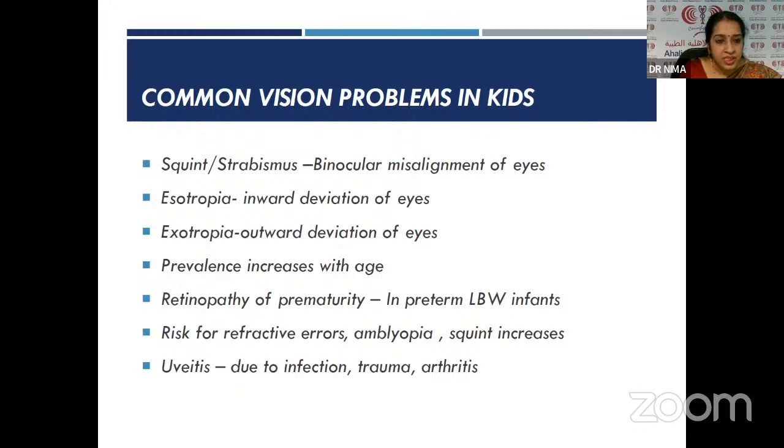Then squint or the strabismus, which is the binocular misalignment of the eyes, which can be either an inward deviation, that is, the eye will be turning in. That is known as the esotropia in ophthalmology terms, just mentioning only, or it can be an outward deviation. Parents may recognize it from the photos or somebody may tell them the alignment of the eye is not normal.